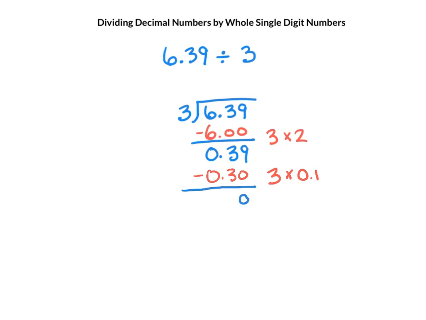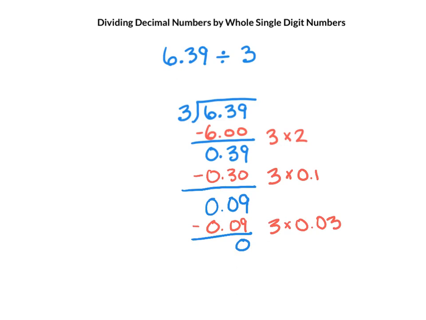And I'm left with 9 hundredths. Since 3 times 3 is 9, that means that 3 times 3 hundredths is 9 hundredths.